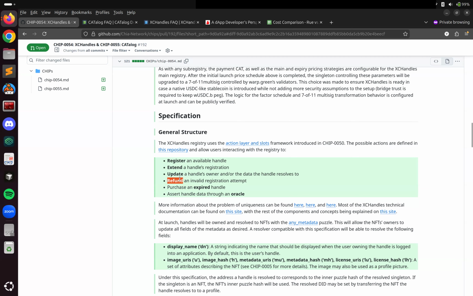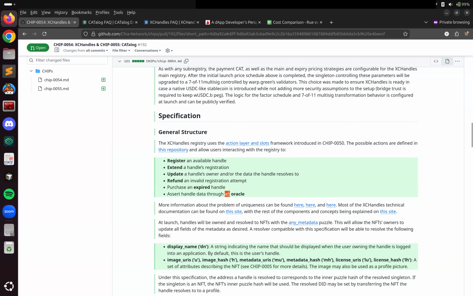So this refund action is there to return the money when some very specific invalid registration attempts were made. There is also a specific interaction where you get expired handles, and that goes back to the auction I talked about, because, as you can imagine, it uses a special pricing algorithm since the premium exponentially decays.